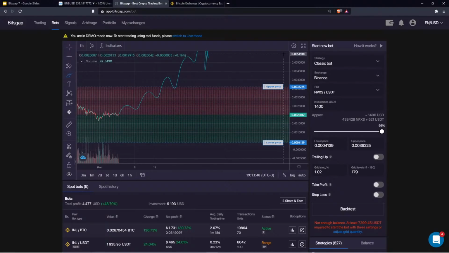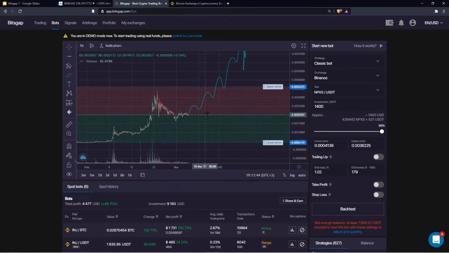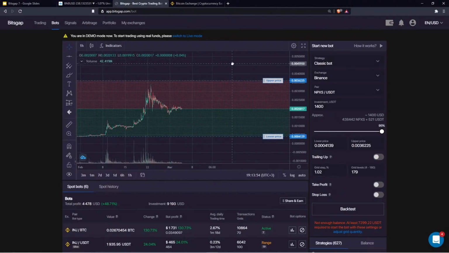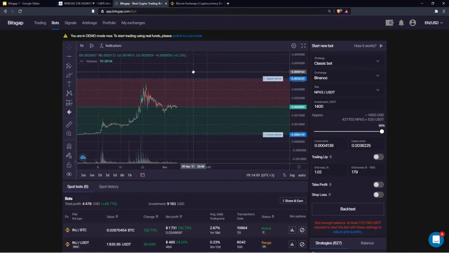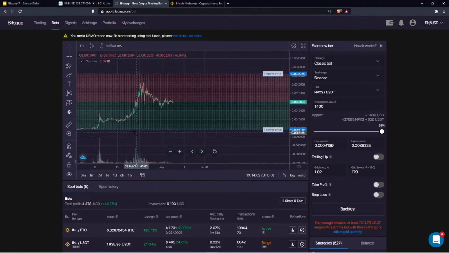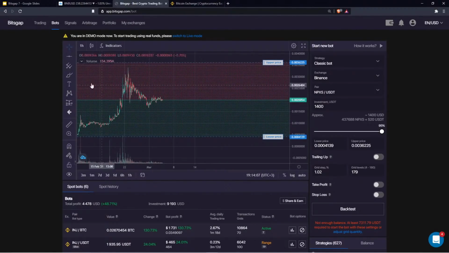Okay, so now let's assume that we decided to trade NPXS to USDT, based on our sound research, based on our, let's say, fundamental and technical analysis, and there are quite many tools that you can use to conduct a proper technical analysis. So you can, for example, trade with Fibonacci levels.